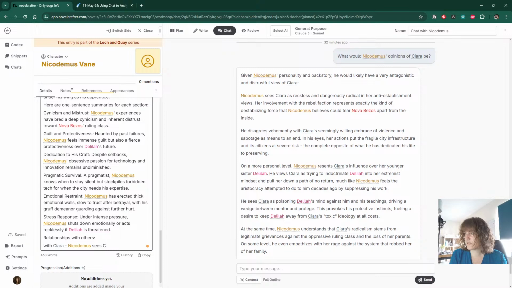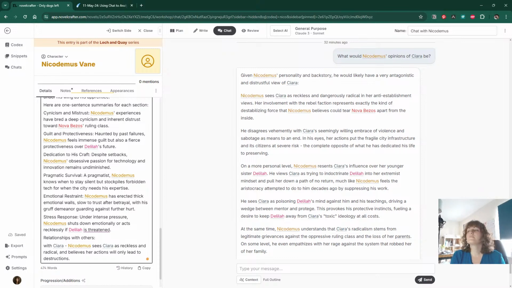Nicodemus sees Ciara as reckless and radical and believes her actions will only lead to destruction. He is sad to see her take this path and tries to keep Delilah from it.